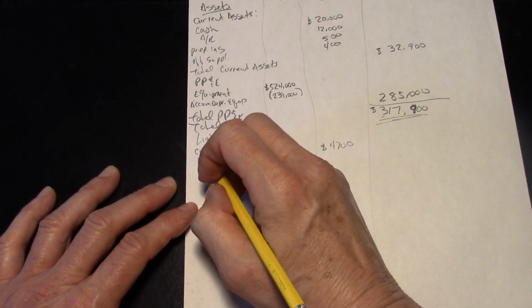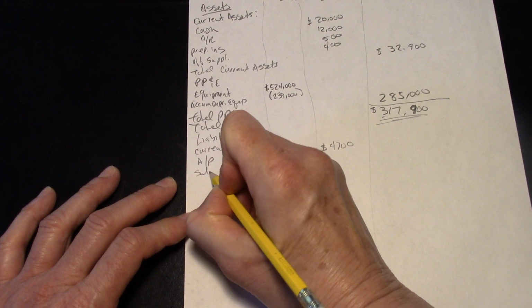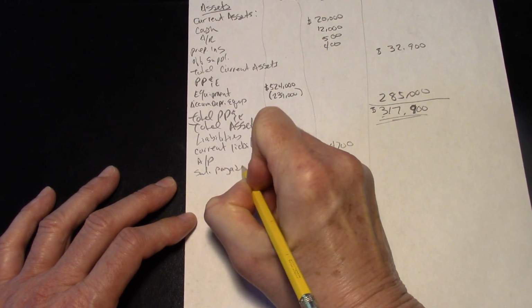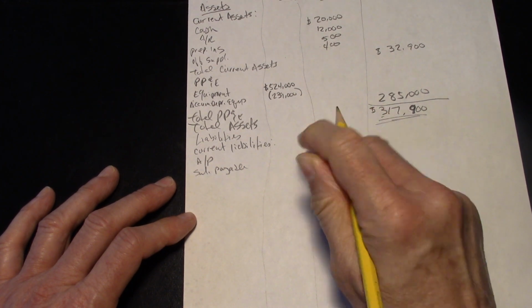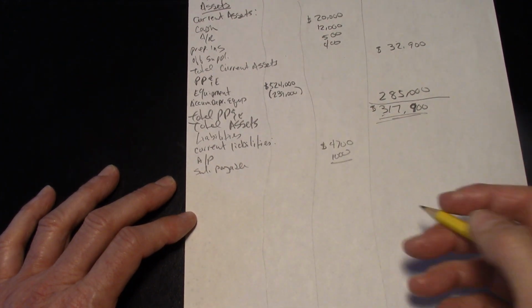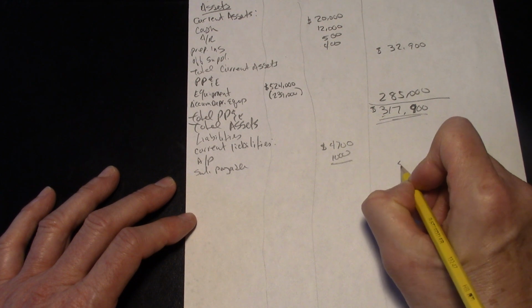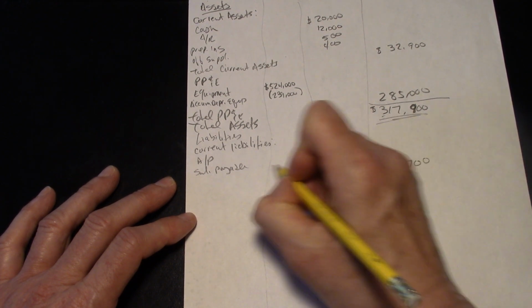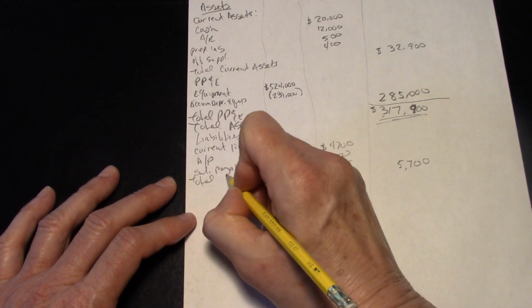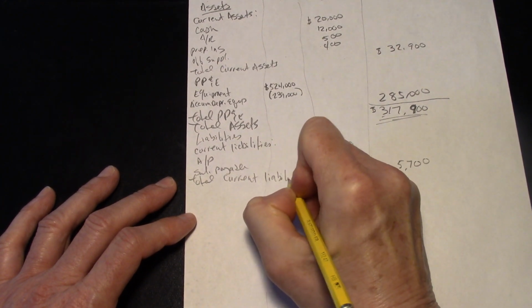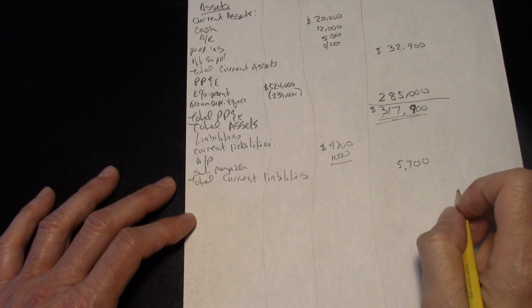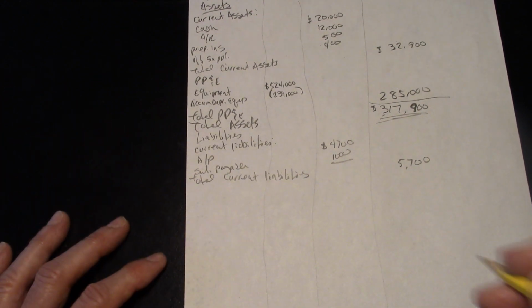The next one is salaries payable, and it is 1,000. Now we can total those. They total 5,700, and of course that's total current liabilities.